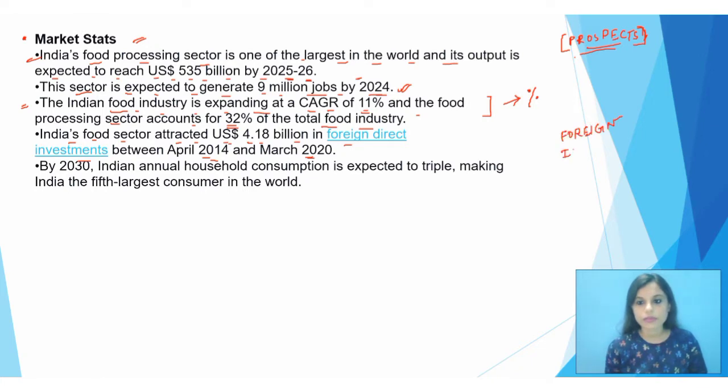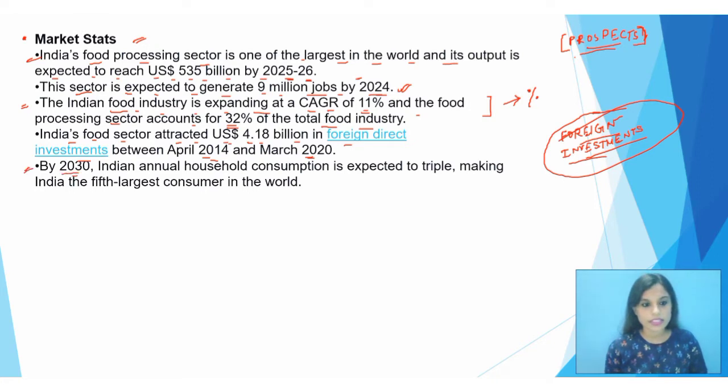Foreign investments are being made because people see that there is too much profit in India's food processing sector. So lots of foreign investments we can see, because quite good returns are there.